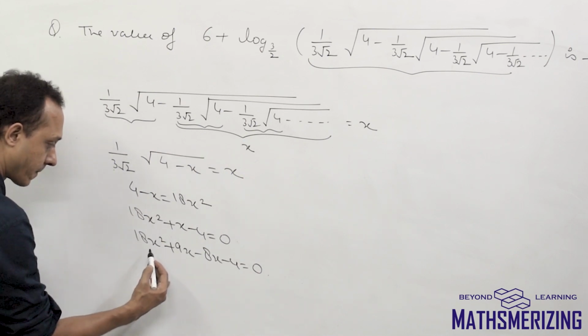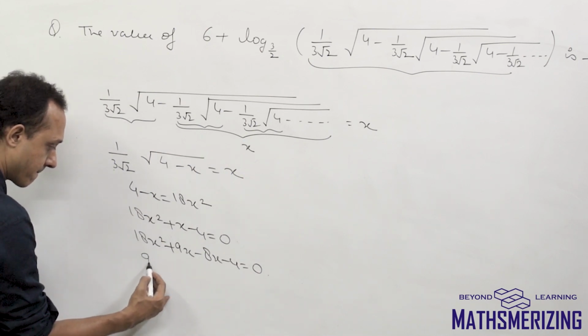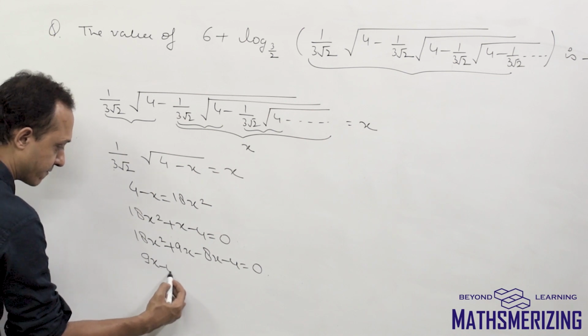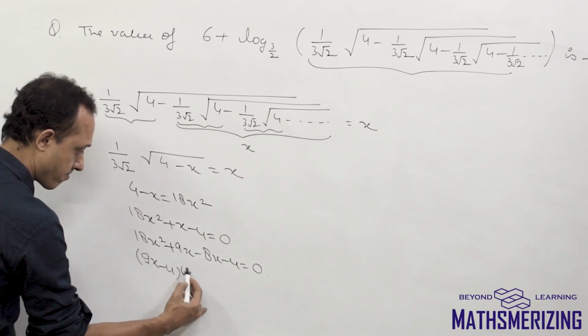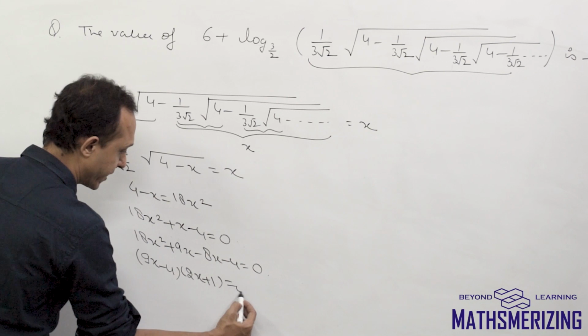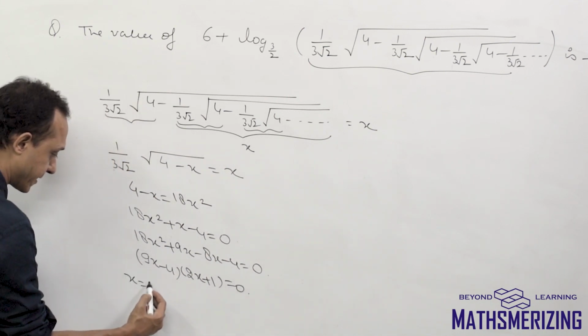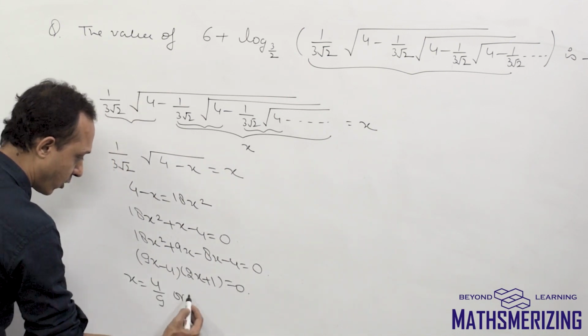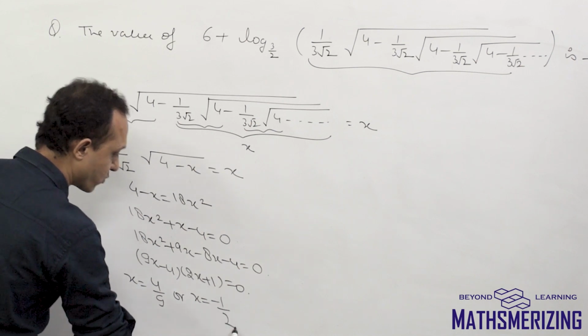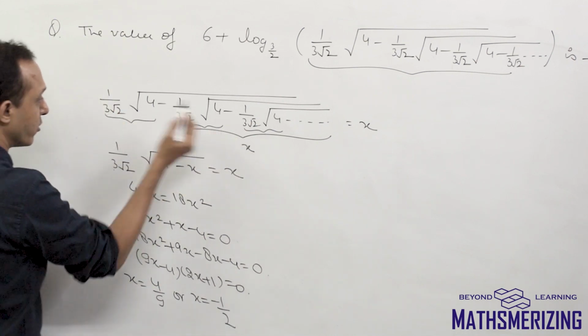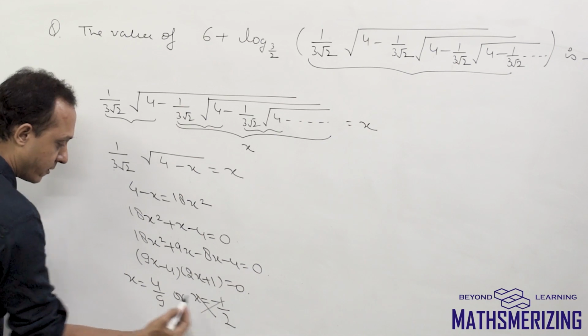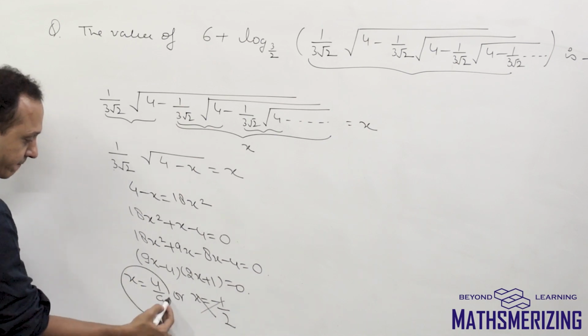So 9x minus 4 into 2x plus 1 equals 0. So I'll get the value of x as either 4 by 9 or x as minus 1 by 2. Now because x is equal to a positive square root, it cannot take a negative value. So in this case, the value of x is 4 by 9.